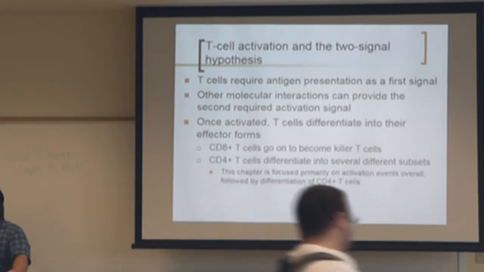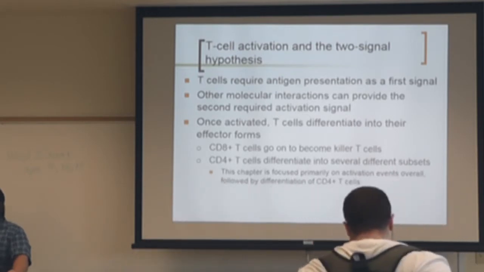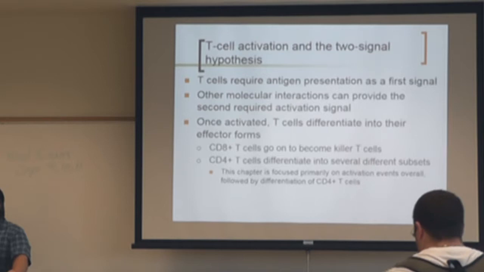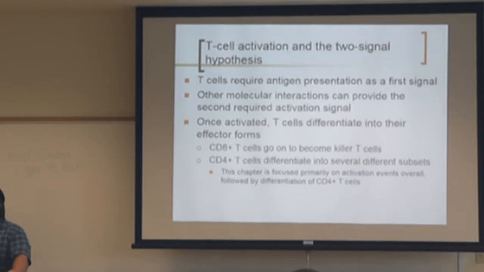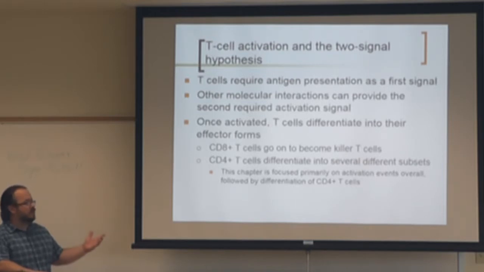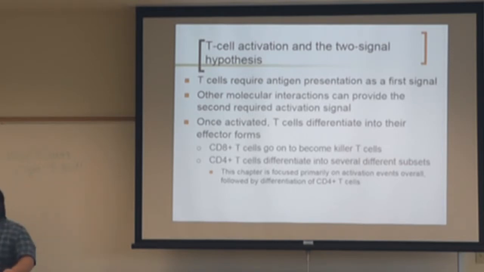In general, just a reminder, T cells require antigen presentation as the first signal. Also a reminder, as opposed to antibodies, the T cell receptor that recognizes MHC and antigen doesn't bind as strongly as an antibody, and so it requires a lot more than just one antibody receptor to be bound.